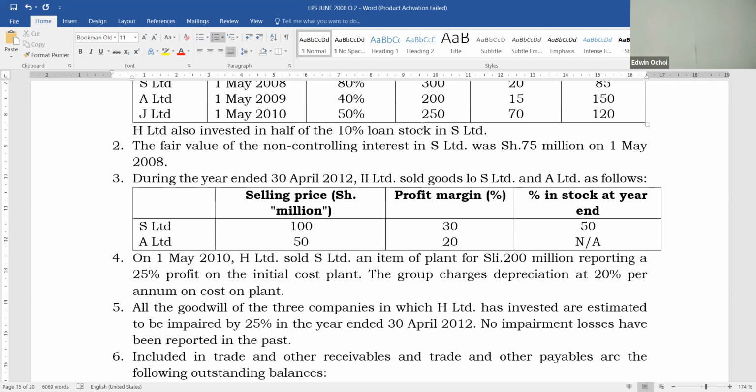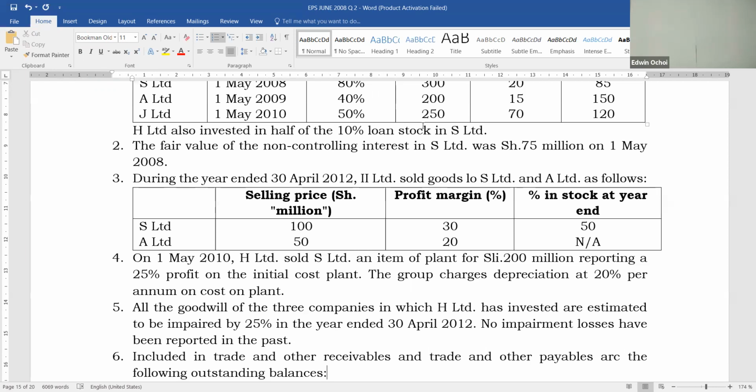Then additional information number 2, they say that the fair value of non-controlling interest in S was shillings 75 million on 1st May 2008. The fair value of non-controlling interest. So I said that when you compute something called goodwill, first, goodwill is an economic benefit expected from an asset.